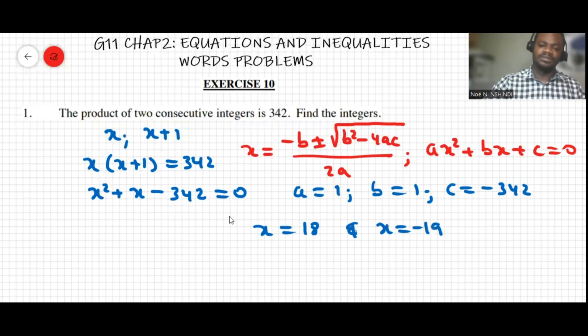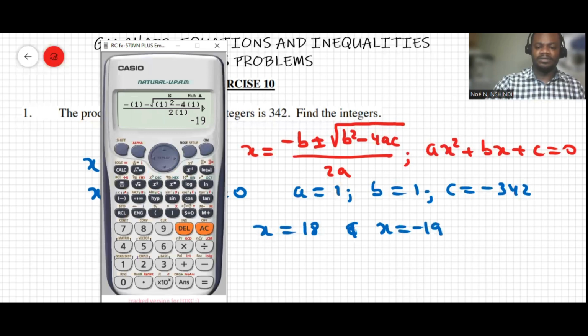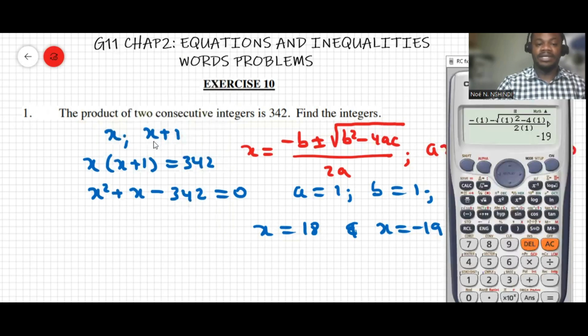I don't think it's negative 19, but yes, it is negative 19 indeed. Now, these are the two integers that x generates. But remember, initially we let our integers be x and x plus 1.